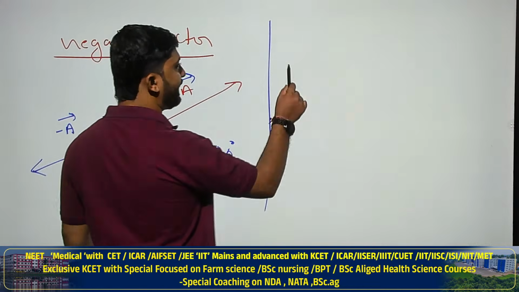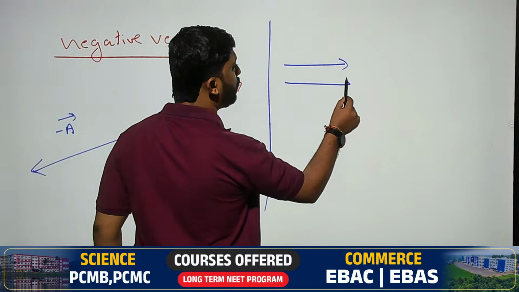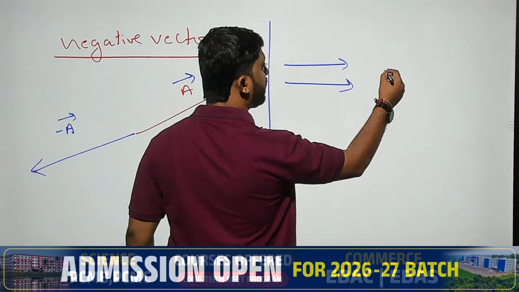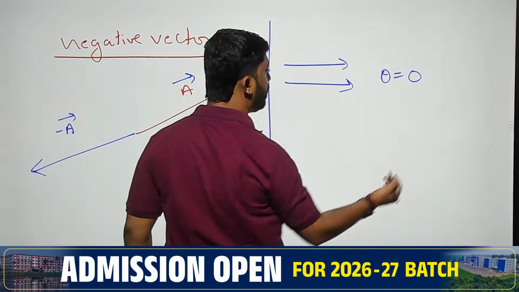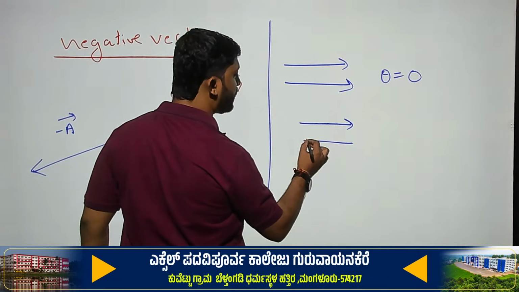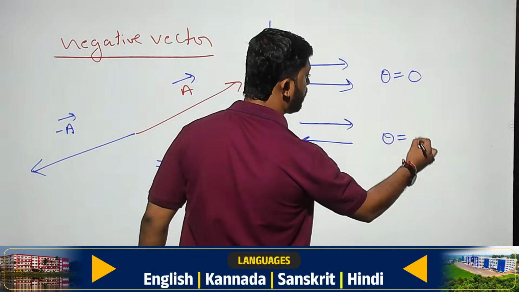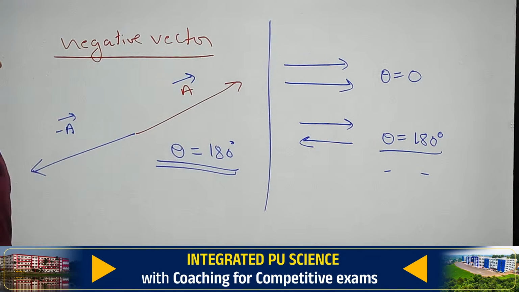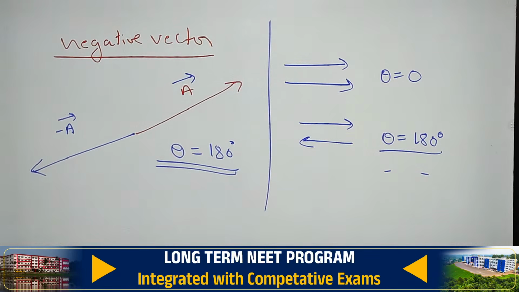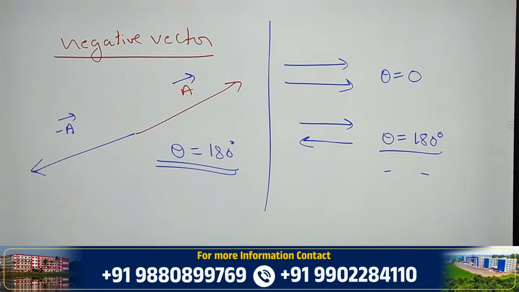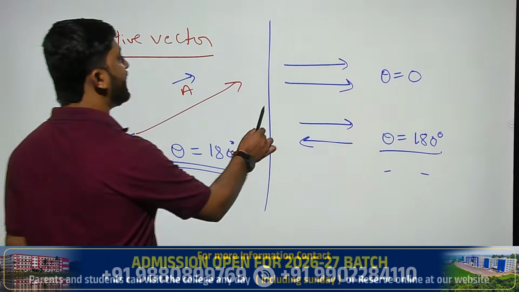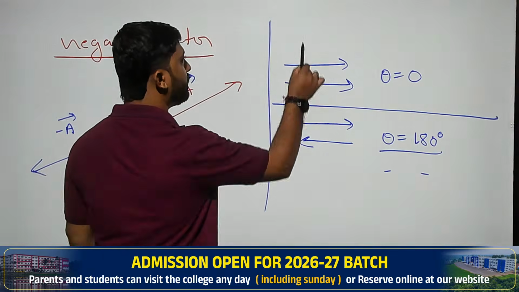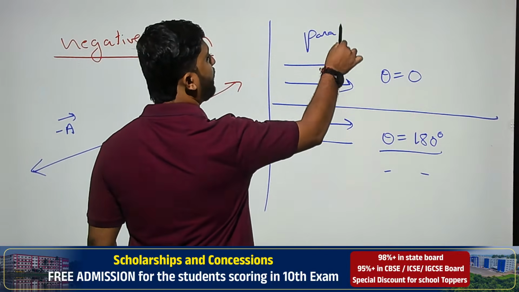If two vectors are in the same direction, we call the angle 0. If two vectors are opposite in direction, then the angle is said to be 180 degrees. So, a simple question: what is the angle between parallel vectors?